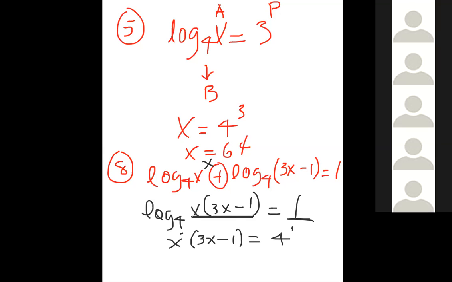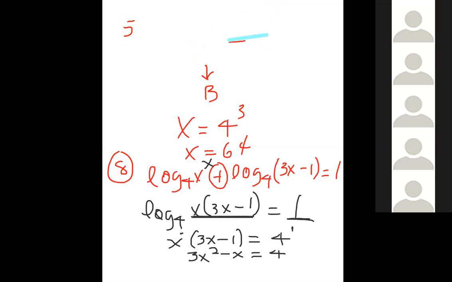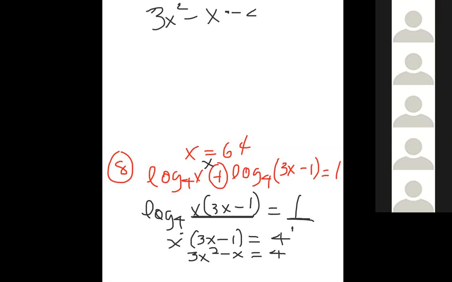Now we're going to distribute the x. We get 3x squared minus x equals 4. Obviously, we have a quadratic, so we're going to go ahead and solve this equation. So guys, let's look. 3x squared minus x, move the 4 over, so it becomes negative 4 equals 0.